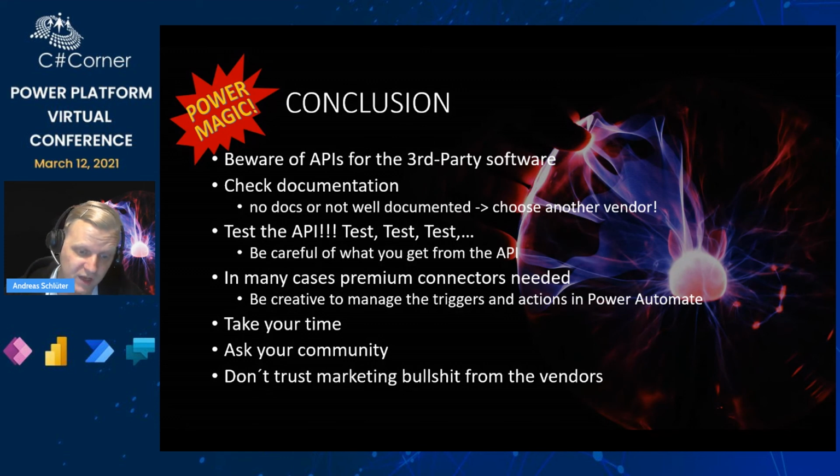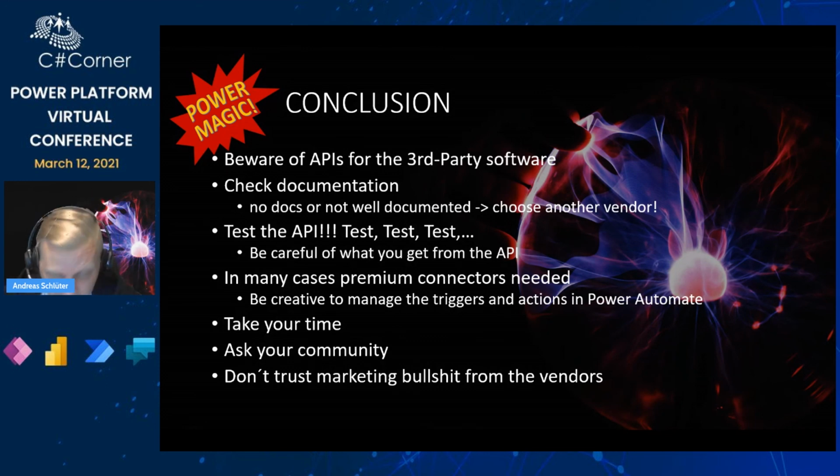Check the documentation of the APIs, and if you do not have a well-documented API, just take another one. It doesn't matter. You're going crazy if there is no documentation for the API.